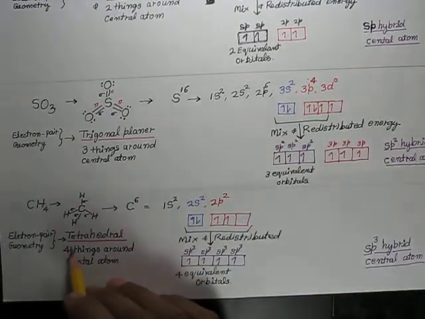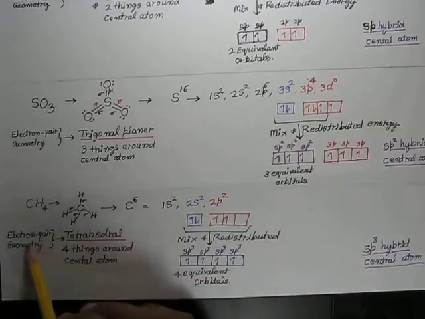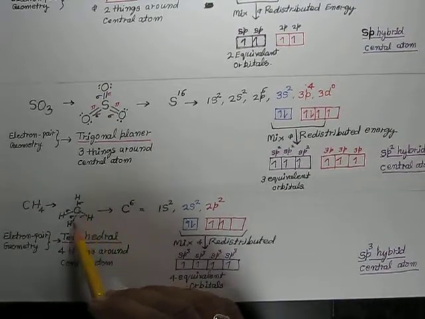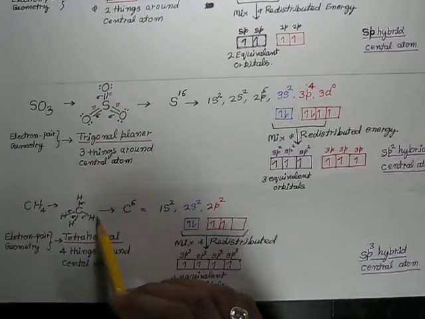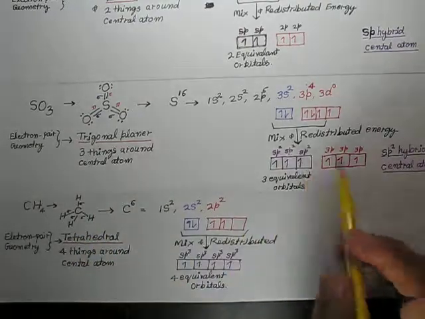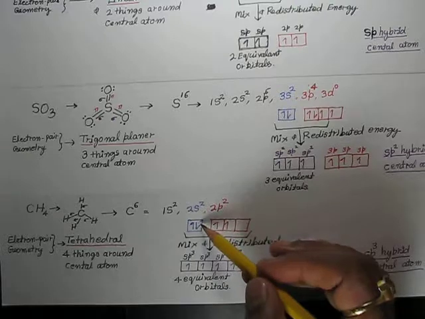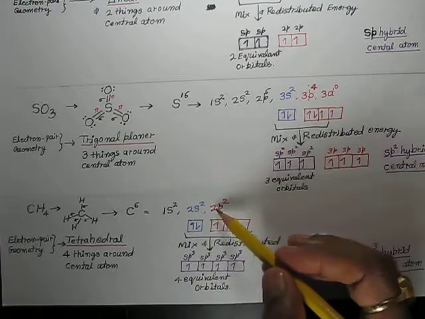In the case of CH4, the electron pair geometry is tetrahedral. 4 things are around the central atom, and you can see all the 4 bonds are single bonds, so they are sigma bonds. Once you write the electron configuration, it is 2s2 and 2p2.